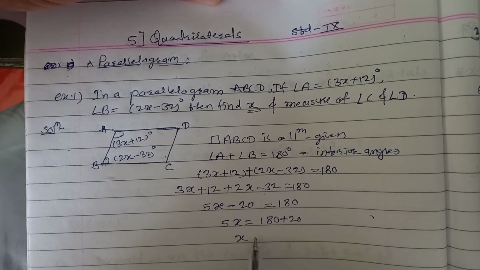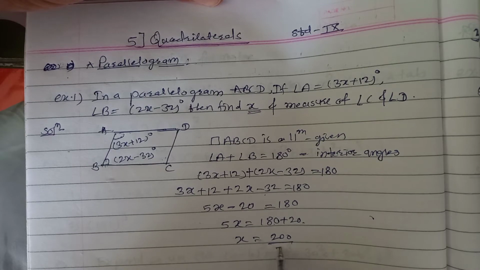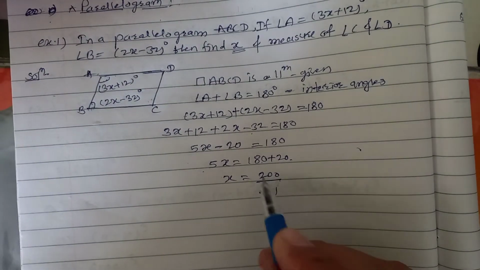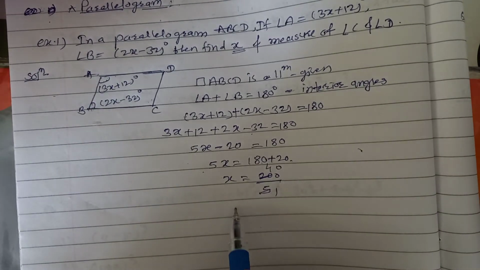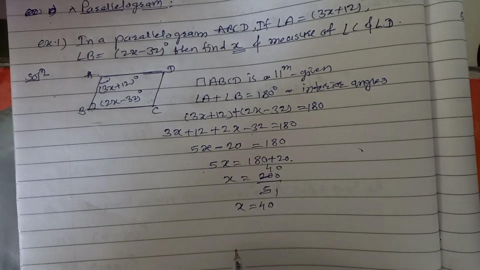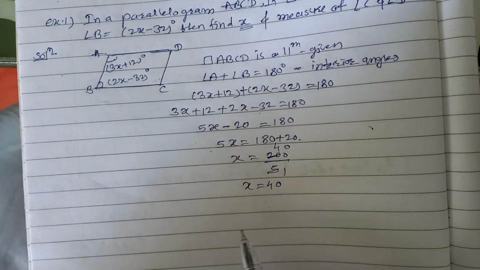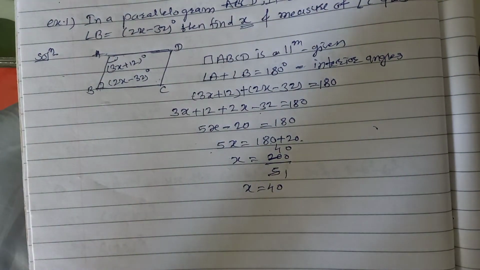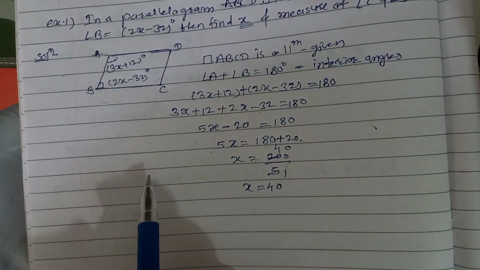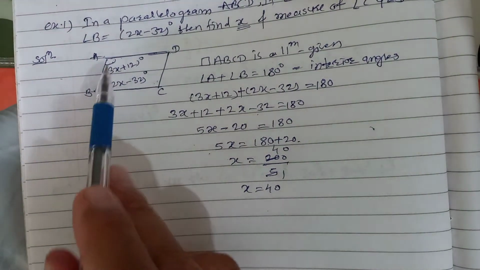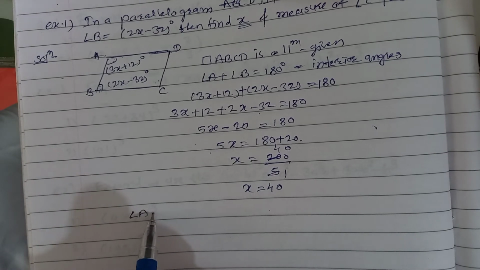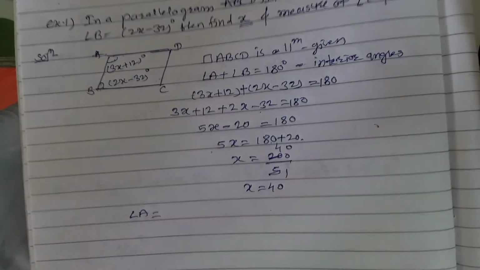So x is equal to 200 upon 5, since 5 is multiplied, when it goes to that side, it divides. 5 fours are 20, so x is equal to 40. Now using the value of this x, we can find angle A. Angle A is equal to what?